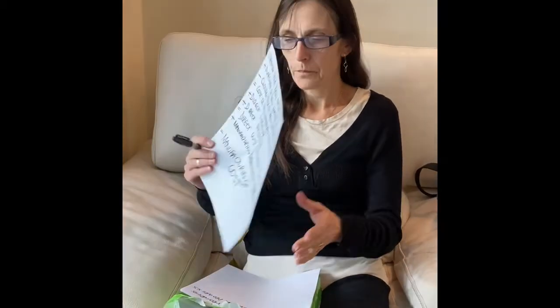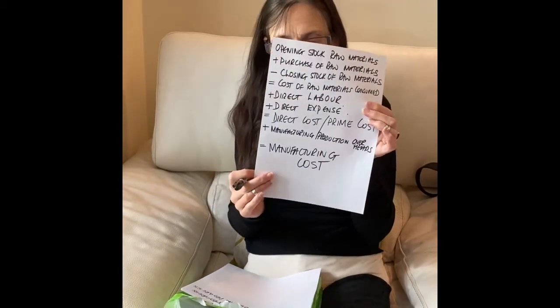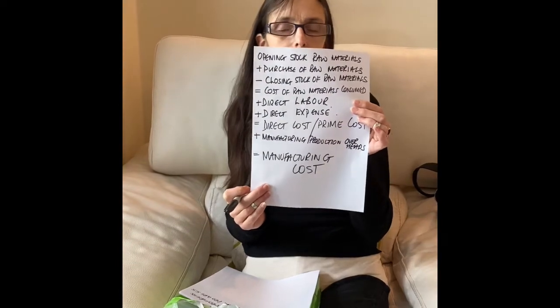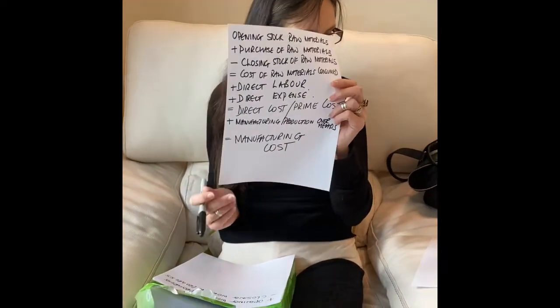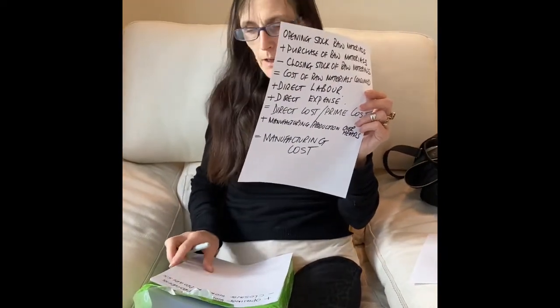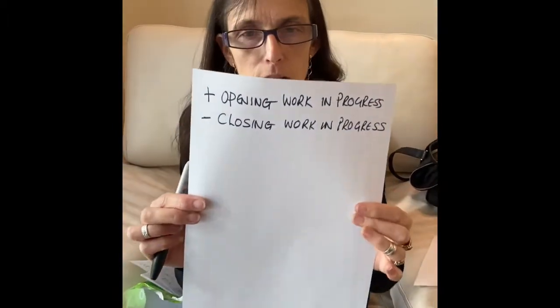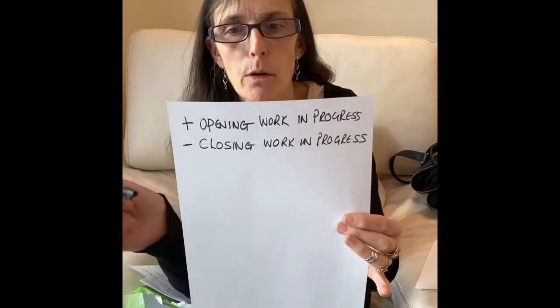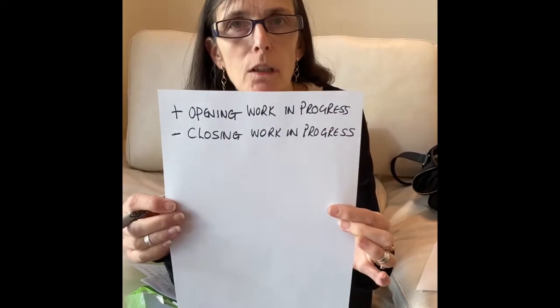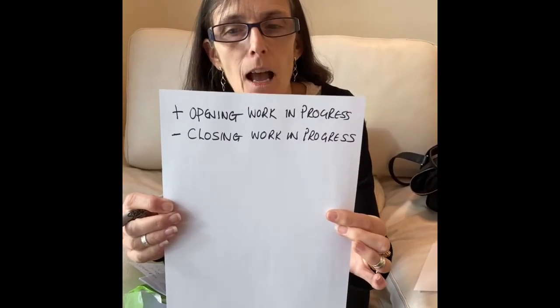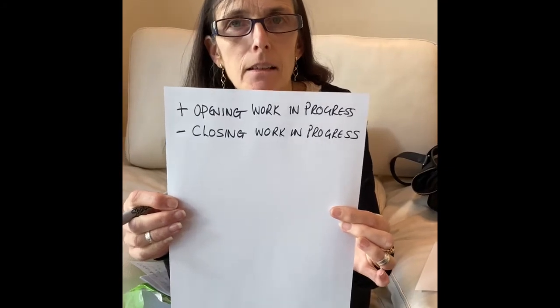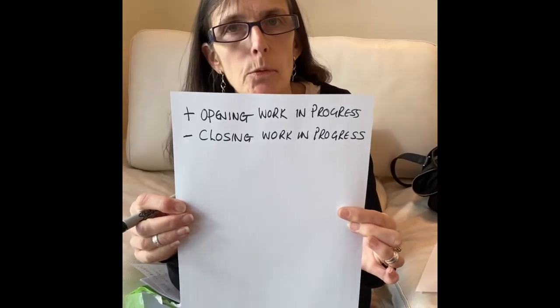So if we have our manufacturing cost, which is what we had before, what we will do now is add in, underneath the manufacturing cost, our opening work in progress, and we will take away our closing work in progress.